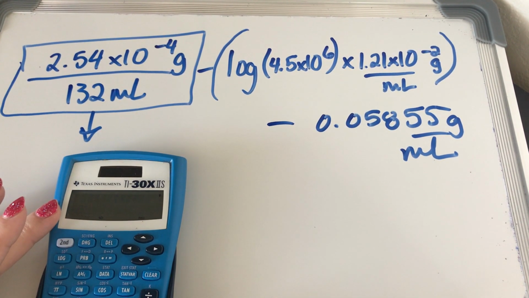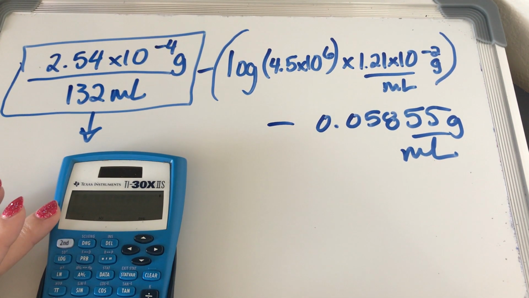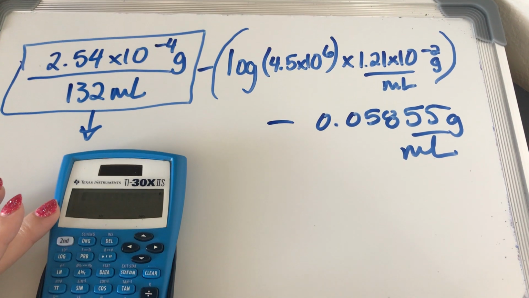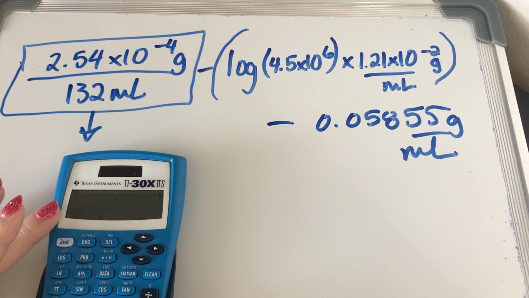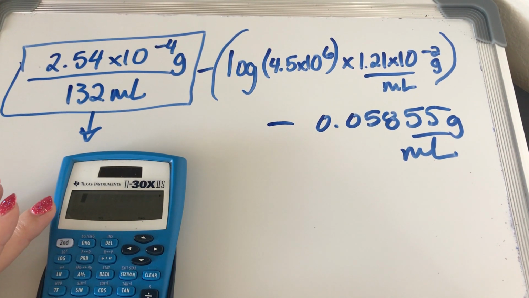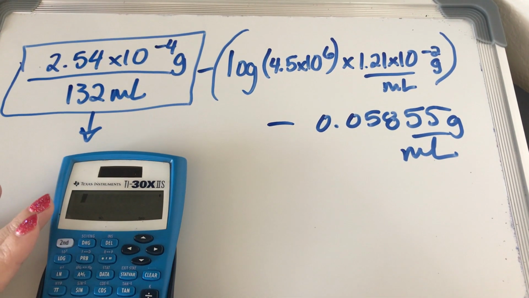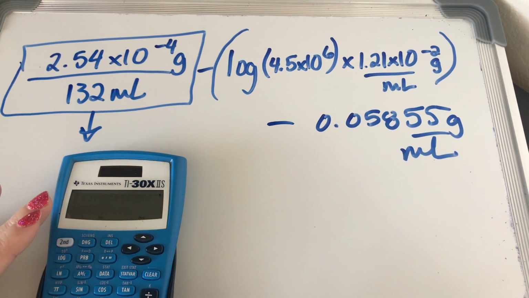But as with so many other things in chemistry, if you're resisting scientific notation and thinking maybe you could just take it out and then that'll work, short term, sure, that's a strategy, but long term, it's not going to work, okay? Because there are going to be problems that we solve in this class where if you don't have it in scientific notation, you won't be able to put it in your calculator. So just be aware of that. It is something that you're going to have to acquaint yourself with and become comfortable with.